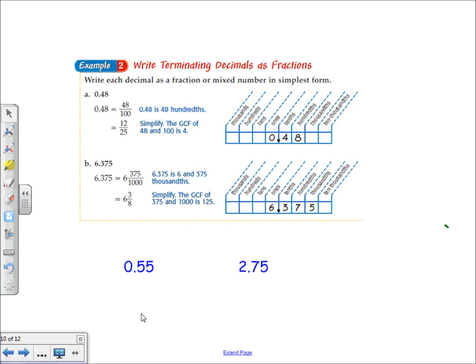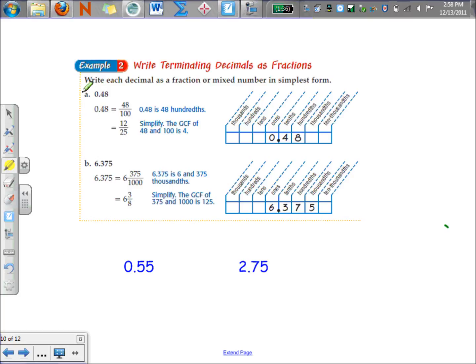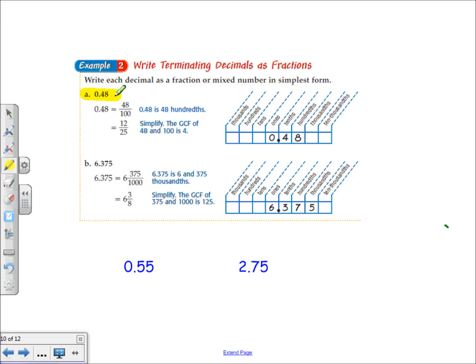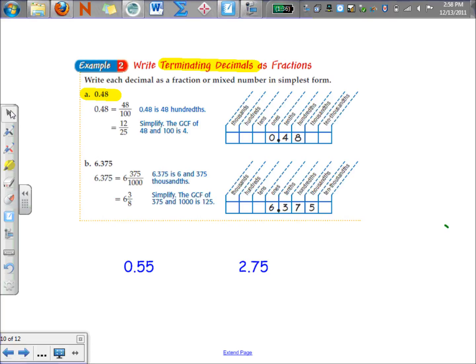The other thing we're going to cover is writing terminating decimals as fractions. So for example, 0.48 or 48/100 is a terminating decimal. You remember a terminating decimal is a decimal that ends. So to write a terminating decimal as a fraction, you simply say the decimal properly, 48/100.